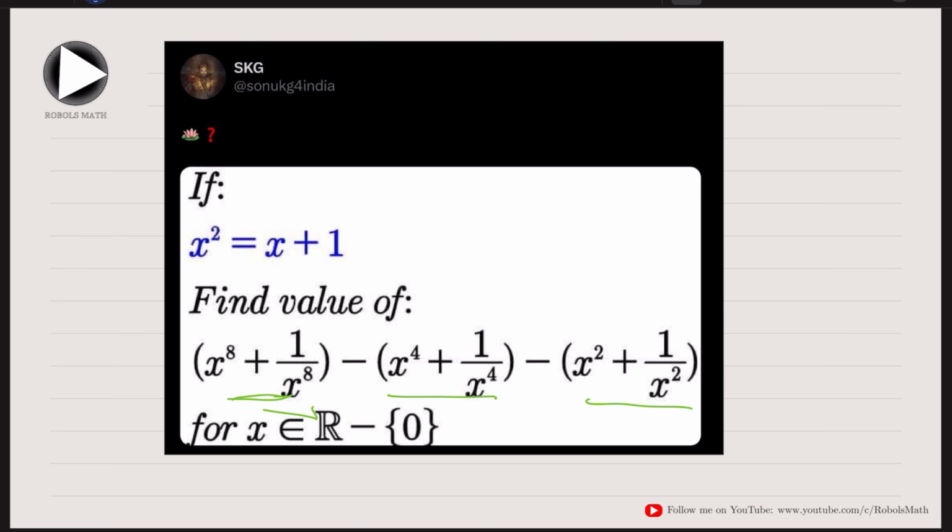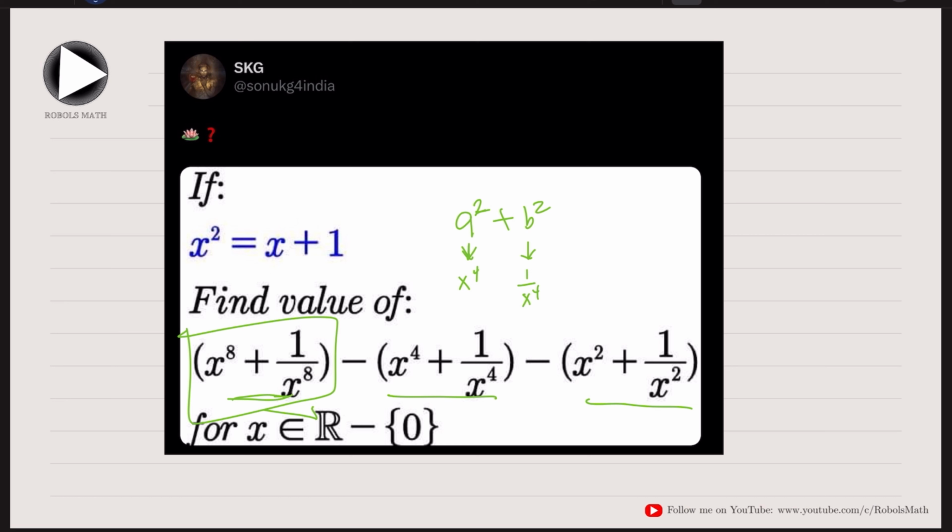So basically, if you look at each term here, we note that it can be written in the form a squared plus b squared. In this case, for the first one, a is equal to x to the fourth, while b is equal to 1 over x to the fourth, because x to the fourth squared is x to the eighth, and 1 over x to the fourth squared is 1 over x to the eighth.